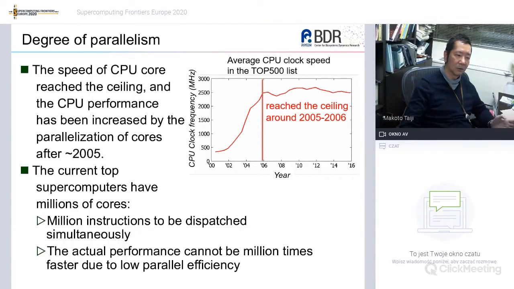As you know, the current top supercomputers have millions of cores. That means a million instructions to be dispatched simultaneously. But since, for example, in molecular dynamics the number of atoms is not so high, we cannot dispatch a million instructions efficiently. So there is some limit.